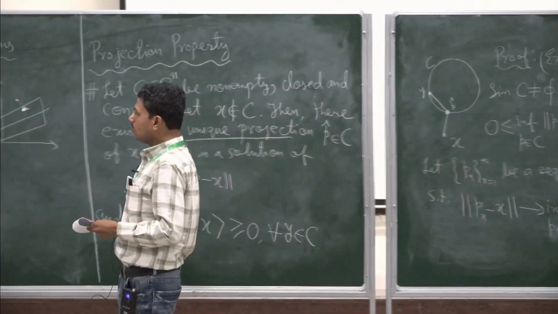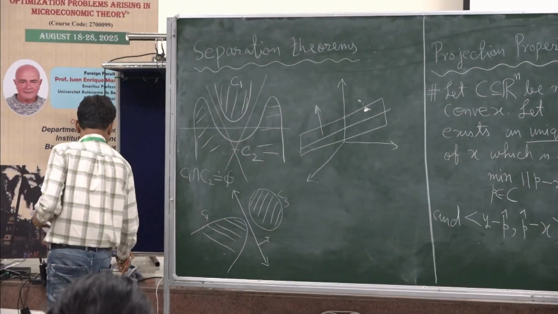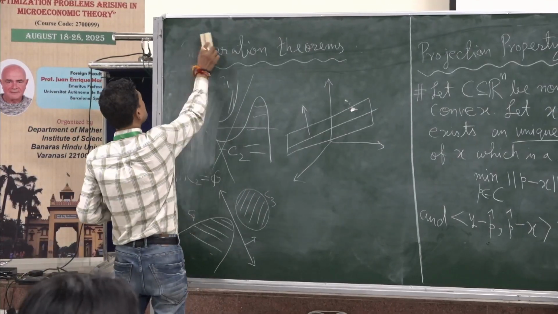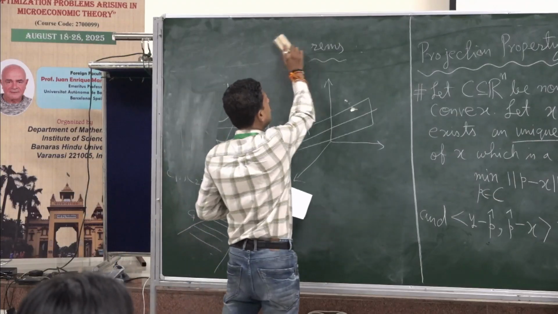But then we can use another property of C that is given, and that property is that C is also closed.